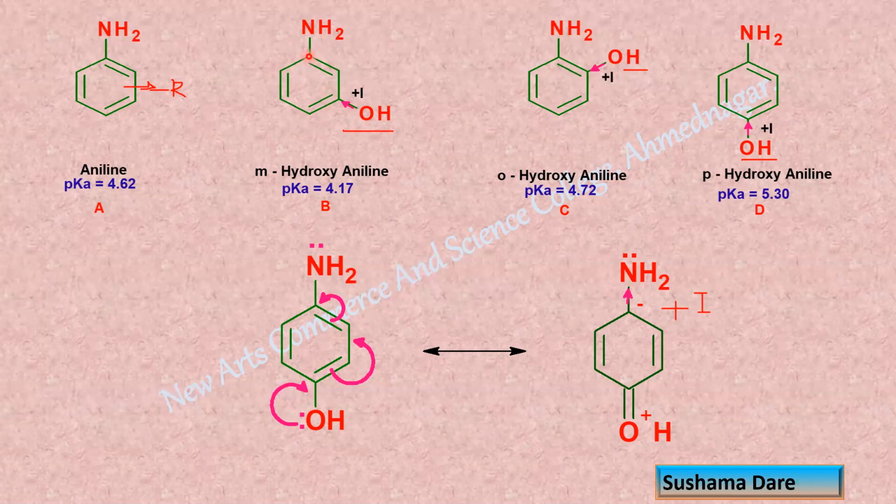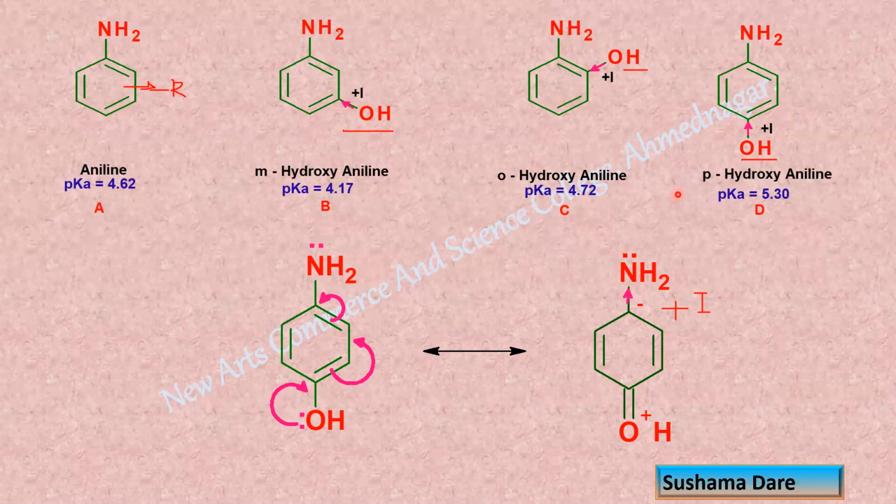Because of that, no doubt it shows the electron donating inductive effect, but that is less because the distance is more. Instead of here, now it is here. As the distance increases, the inductive effect decreases. So which effect? Electron donating inductive effect. So in metahydroxyaniline, there is a less electron donating inductive effect as compared to ortho and para.